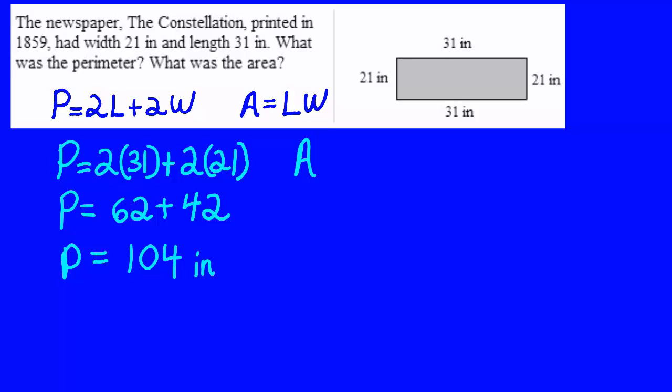Now we find the area. The area equals the length times the width. So I'll be multiplying 31 times 21.